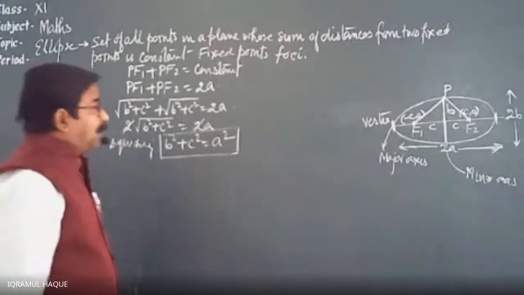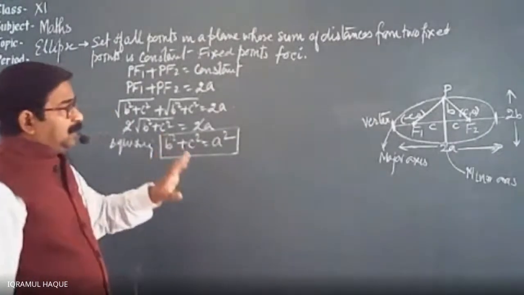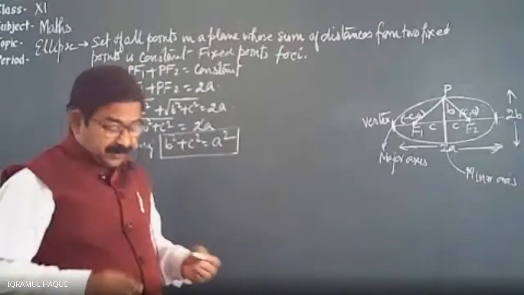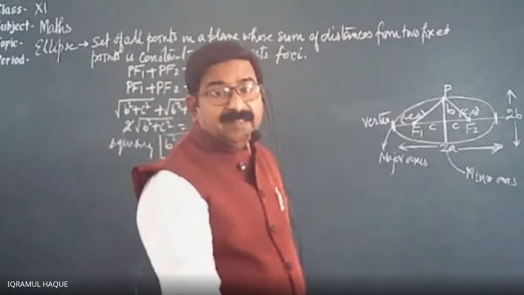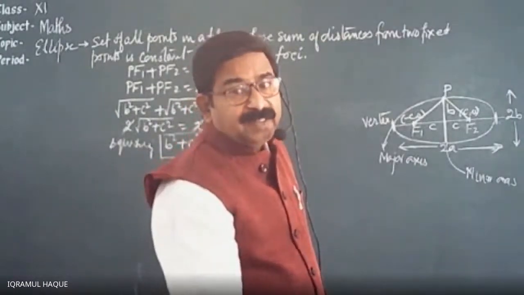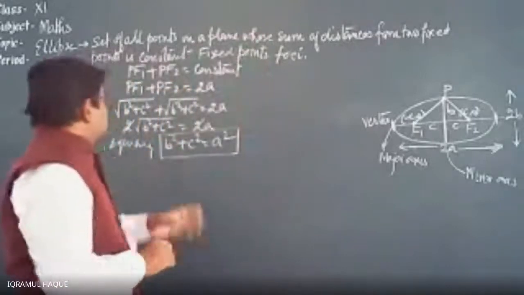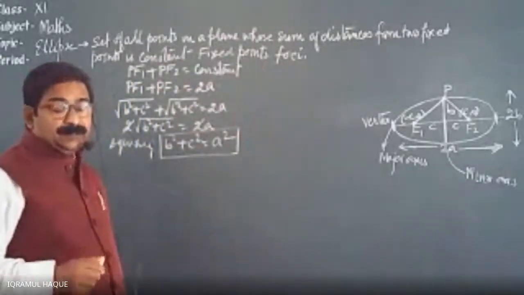Now, we have to establish the relation between a, b, and c. a means semi-major axis, b means semi-minor axis, and c is the distance of the focus from the center. So this is all about the relation between a, b, and c. Got it?